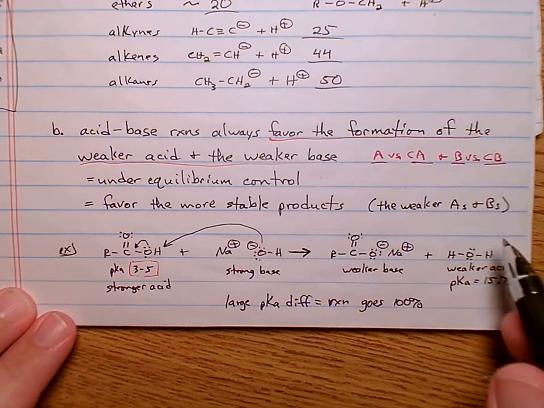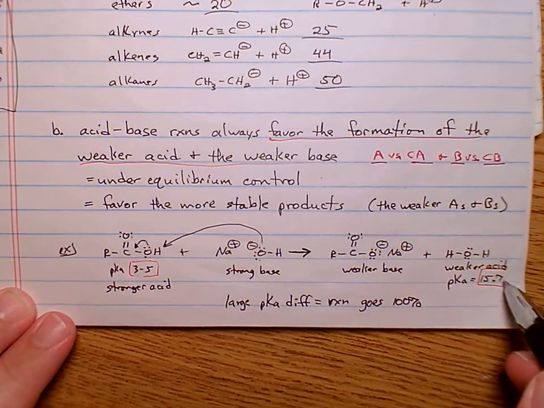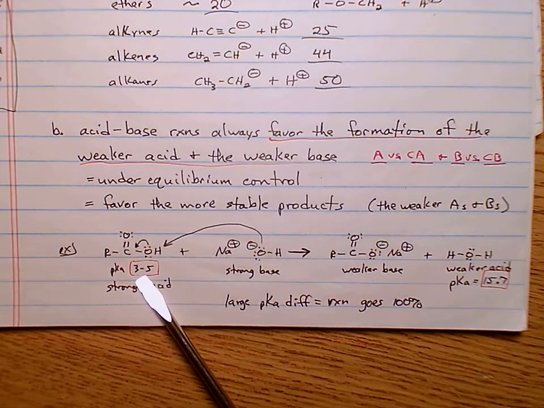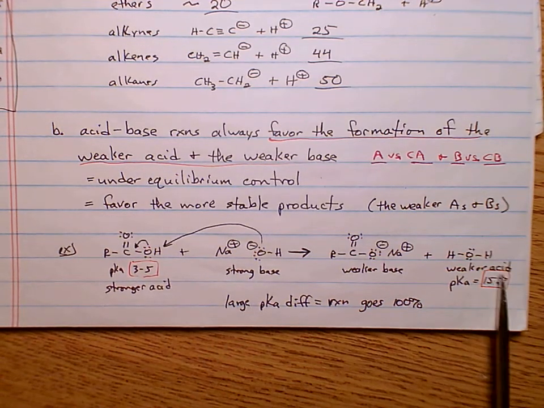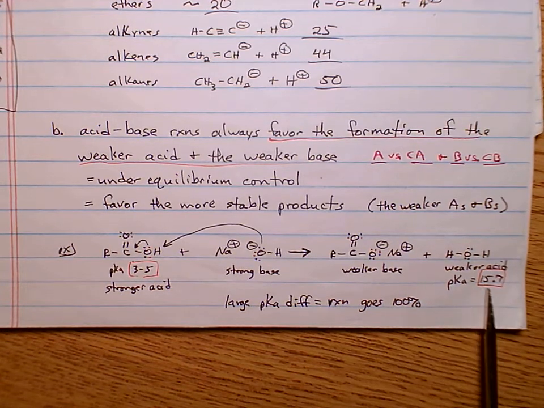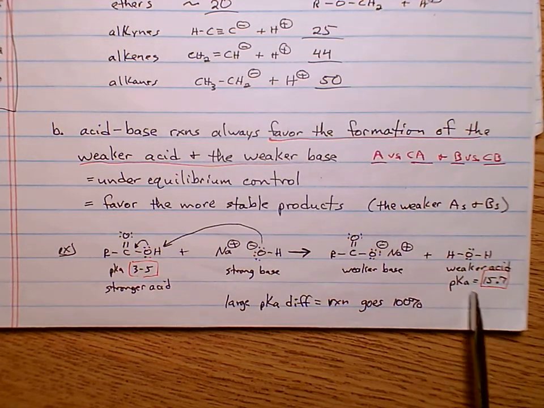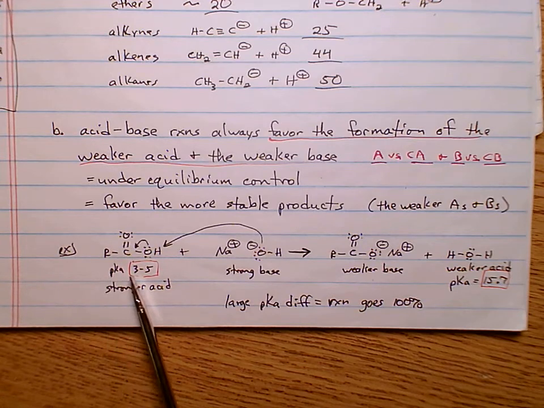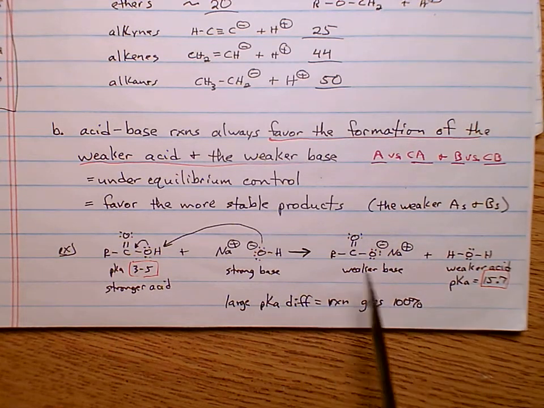The pKa of water is 15.7. So which is the weaker acid? pKa of 3 to 5, around 4, or pKa of 15? Well, pKa of 15 is the weaker acid. So we now know that this conjugate acid is weaker than our original acid. The reaction favors the formation of the weaker acid, so we know this reaction goes to the right.